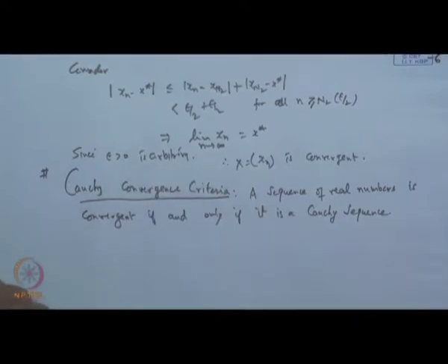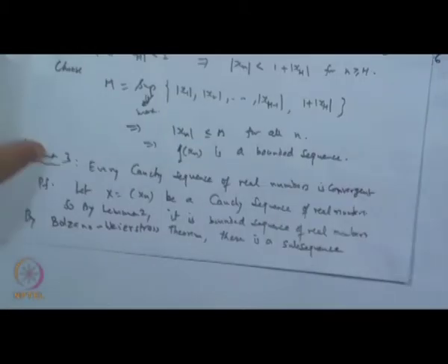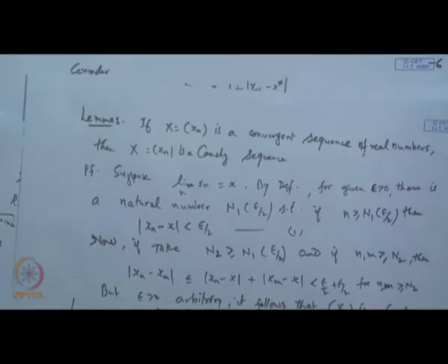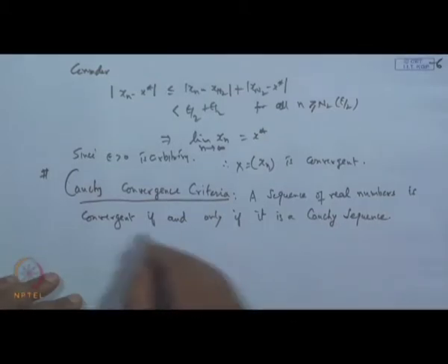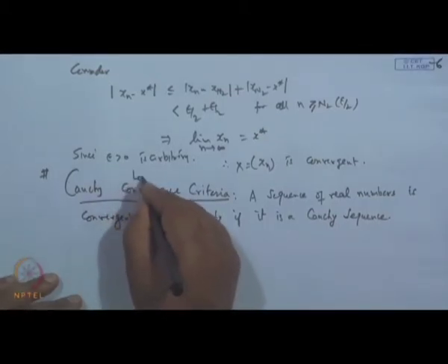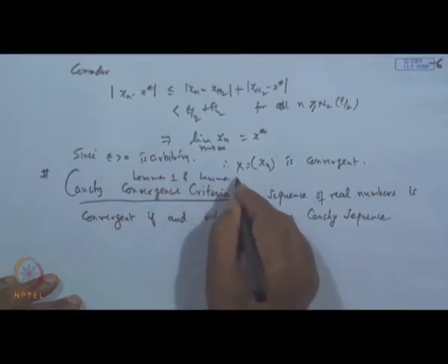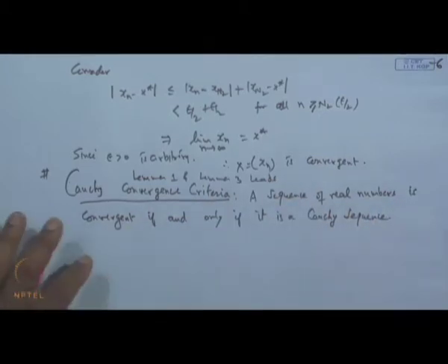So, combining the lemmas: lemma 3 says every Cauchy sequence of real numbers is convergent, and lemma 1 says every convergent sequence of real numbers is Cauchy. Lemma 1 and lemma 3 lead to the following Cauchy convergence criteria.